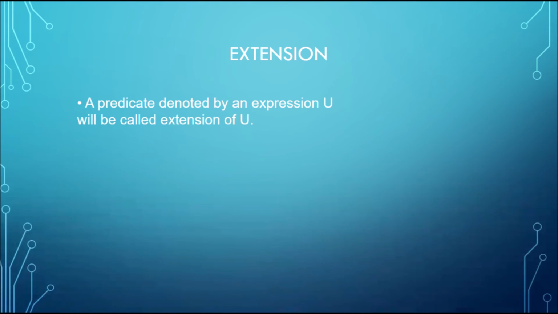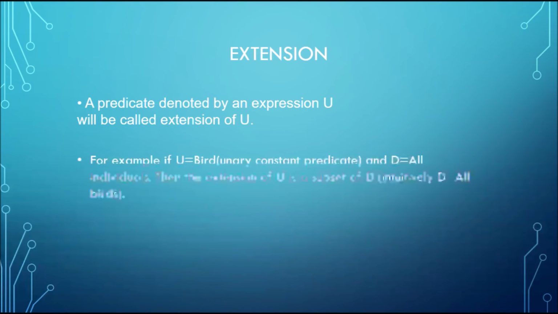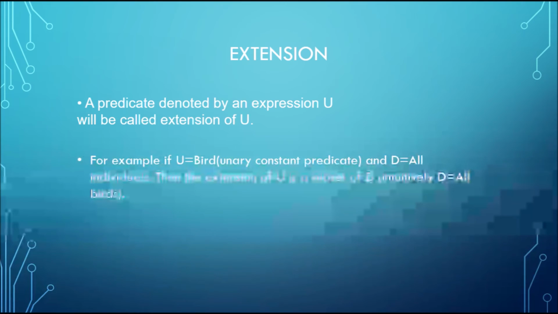Extension. A predicate denoted by an expression u will be called the extension of u. For example, if u equals bird, a unary constant predicate, and d equals all individuals, then the extension of u is a subset of d. Intuitively, u equals all birds.